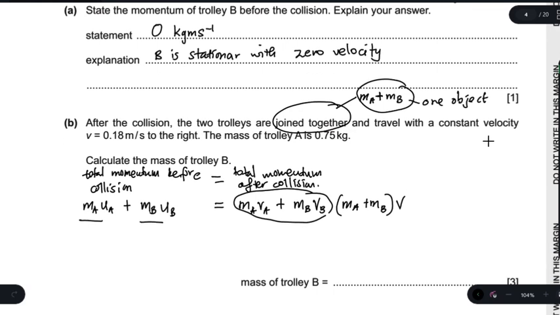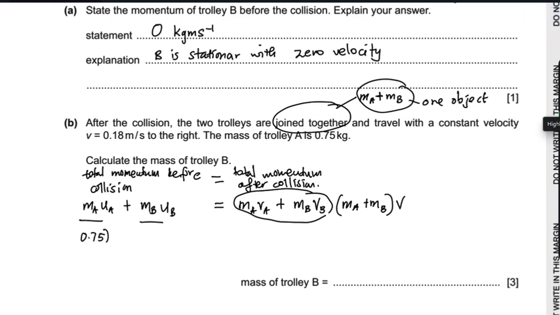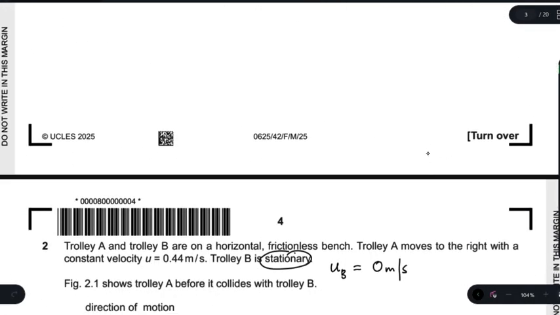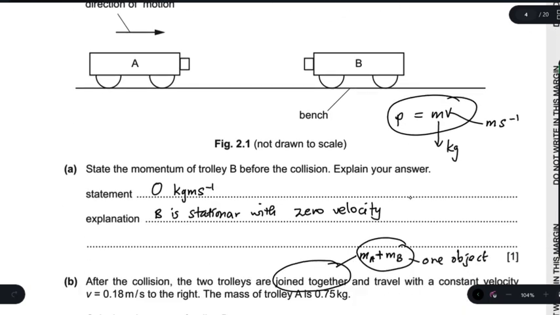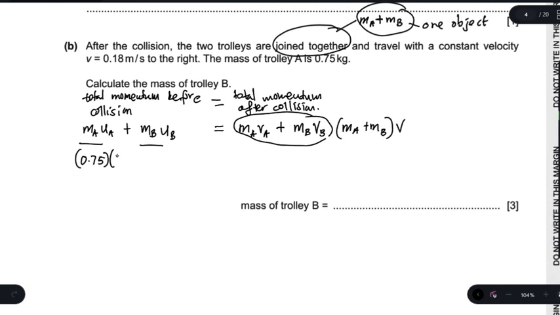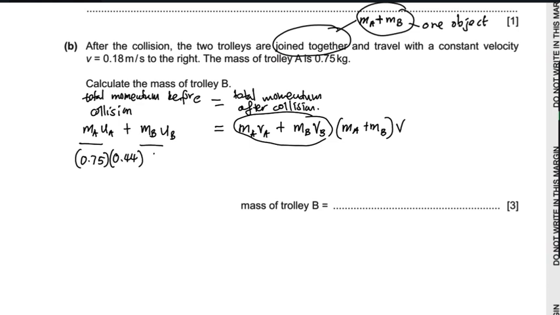Then let's substitute the values and see what we have. The mass of A is 0.75, so this is 0.75 times the initial speed of A, which was highlighted up here, that's 0.44 meters per second, plus 0 equals, since we are going to the right, it means we are maintaining the sign, mass of A, which is 0.75, plus mass of B that we are looking for, times 0.18.